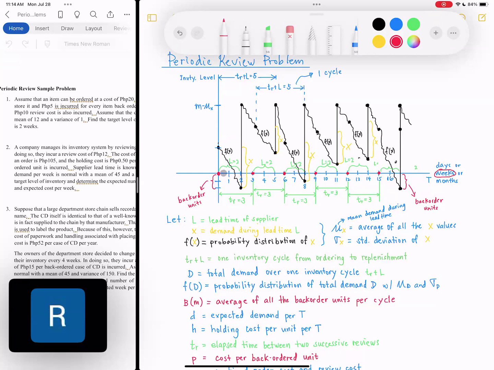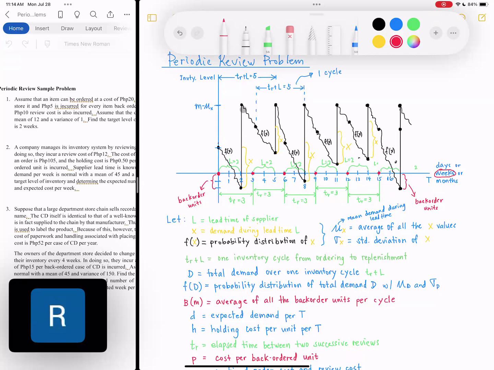So anyway, 2 weeks has elapsed. Finally here, the supplier delivers your order. So when the supplier delivers your order, inventory will be replenished. So again, this review period is the time when you place the order. This period after the lead time is when the order is replenished.